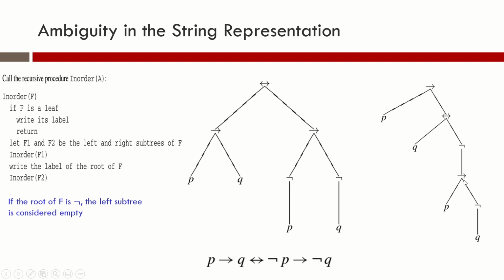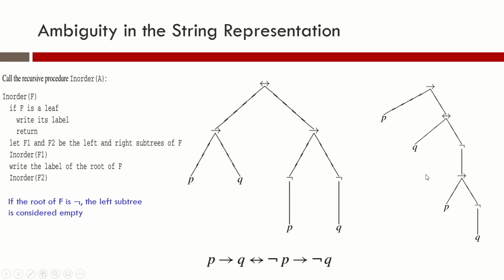So we have negation, then P implies negation Q. So when we perform traversal on this tree, again we get this formula itself. If we perform traversal on this tree using this particular algorithm, we will get the same string.